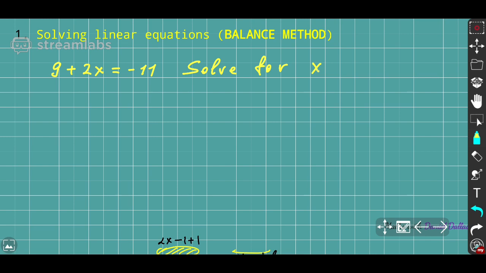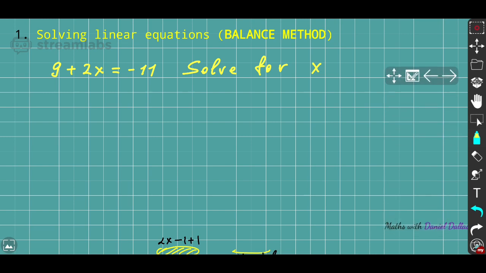Try to do that. Okay, so 9 plus 2x equals negative 11.